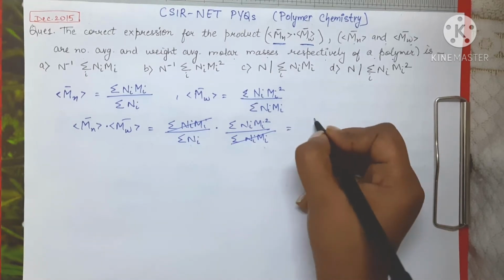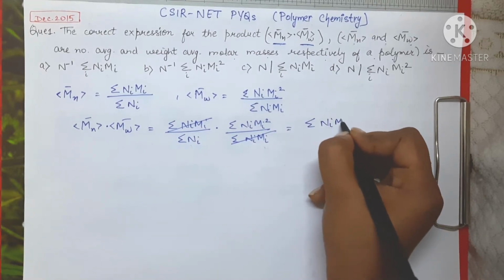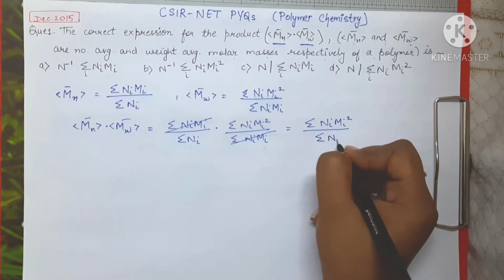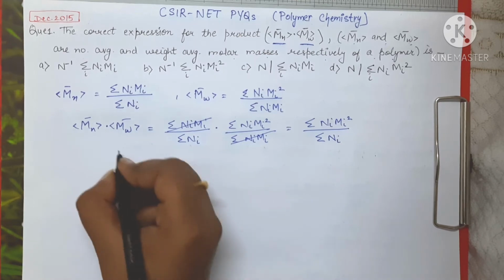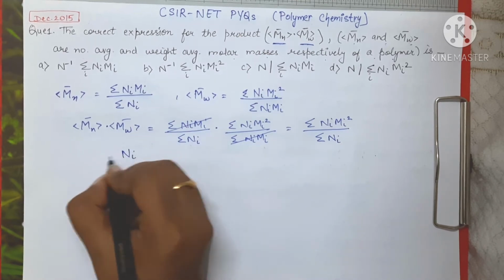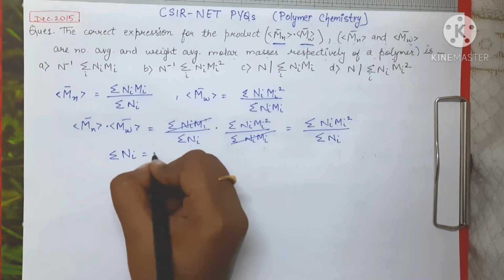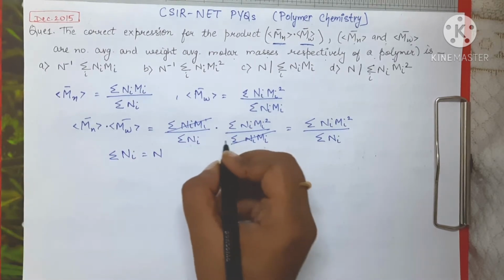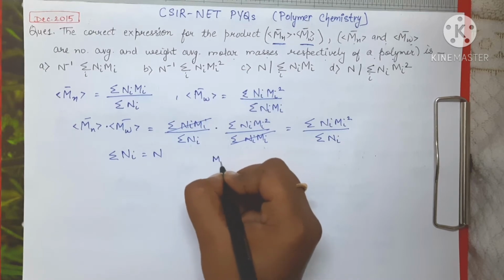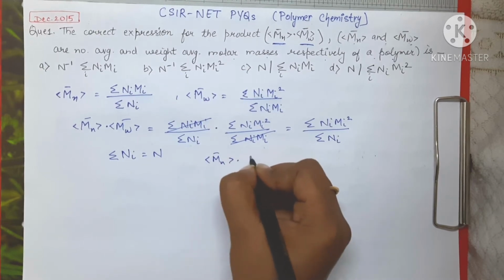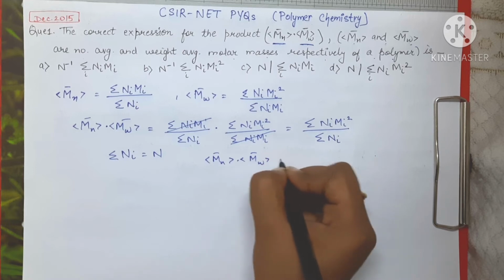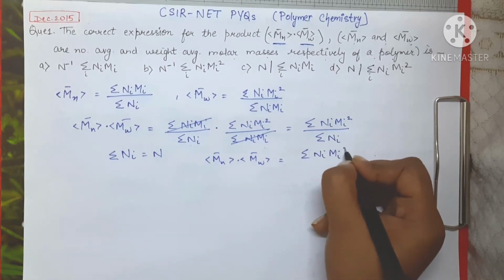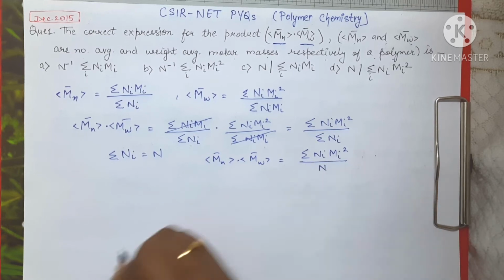So we'll be left with sigma Ni Mi square upon sigma Ni. Now we all know that sigma Ni can be written as capital N. So what we'll get? Mn into Mw, their product will be equal to sigma Ni Mi square upon N.